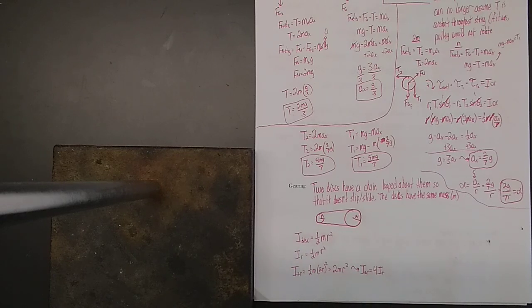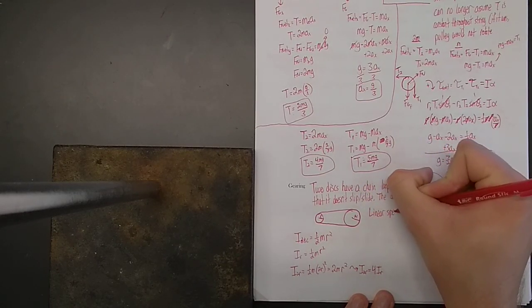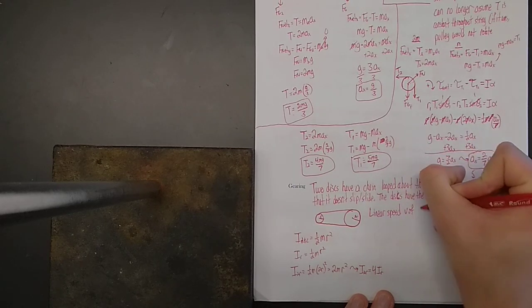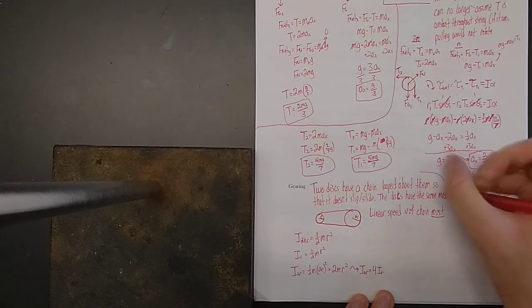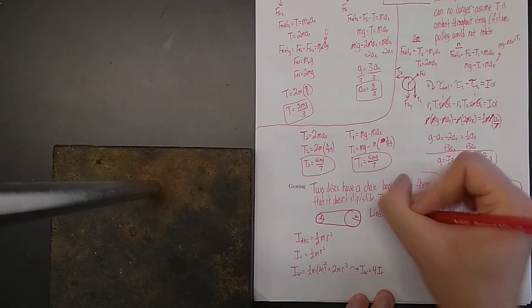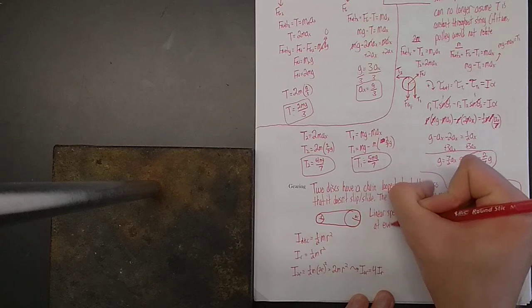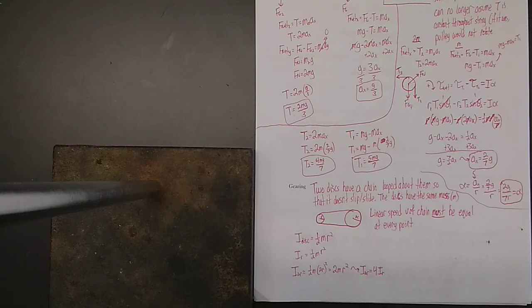That doesn't happen. So the linear speed, v, of the chain must be equal at every point. Otherwise, you would have these slips or slides that we said don't happen.